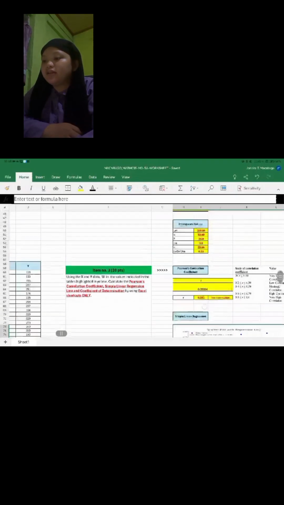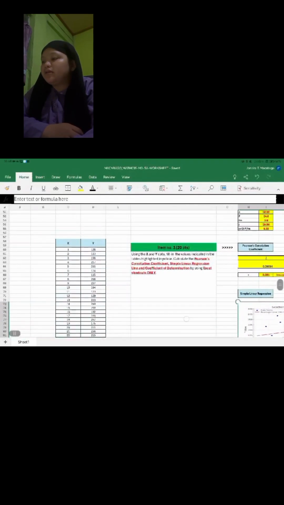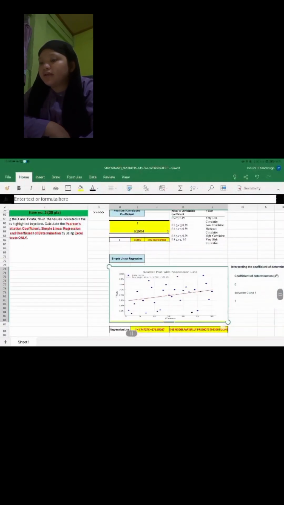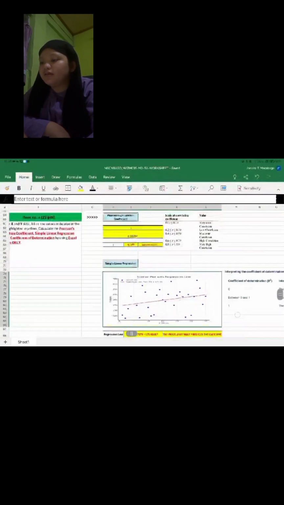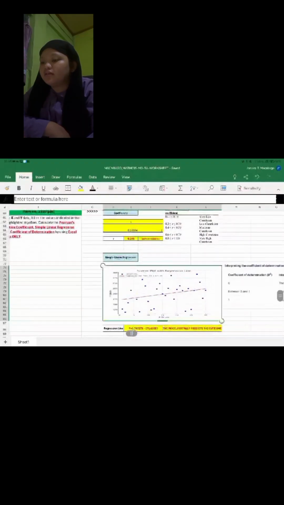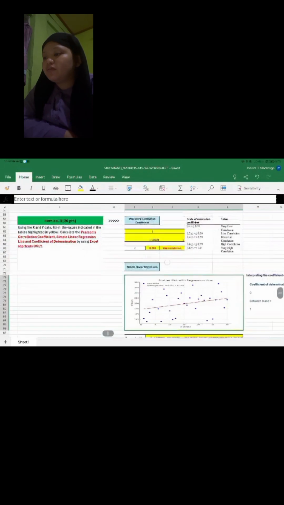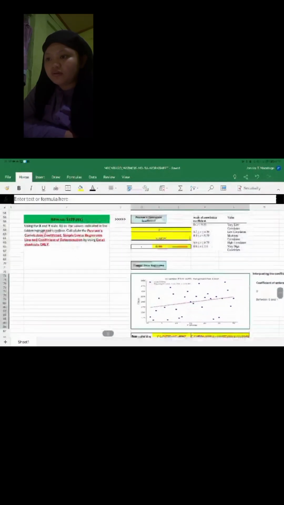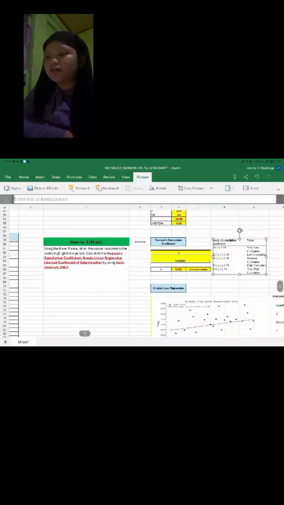And here you can see the linear regression. So we have the x and y values, and you can see the plot of the linear regression right here. Since we have 0.2, 0.81, it has low correlation.